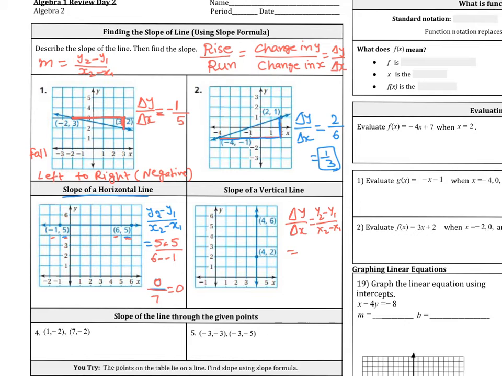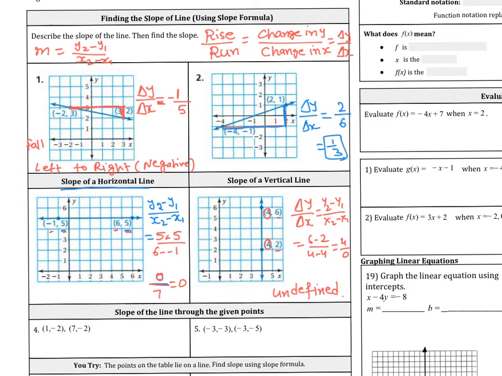And in this case, y2 minus y1 is 6 minus 2, divided by 4 minus 4. 6 minus 2 is 4, divided by 0. So anything with 0 on the bottom, we call it undefined. The slope of a vertical line is undefined.